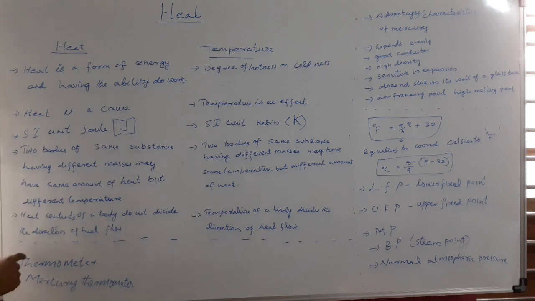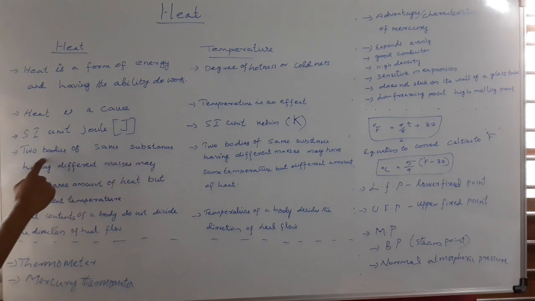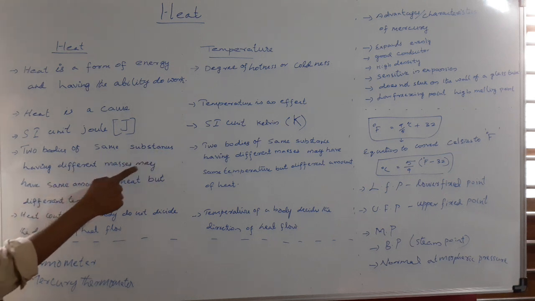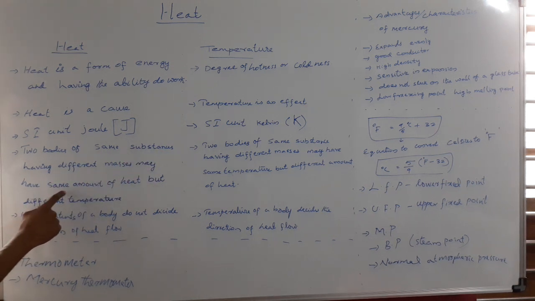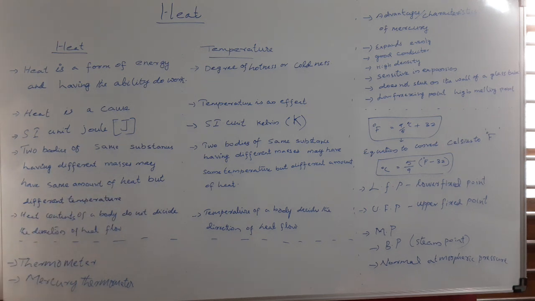Now these are the few points that we have to add today. Two bodies of the same substance having different masses may have the same amount of heat but different temperature. For example, I am having water.